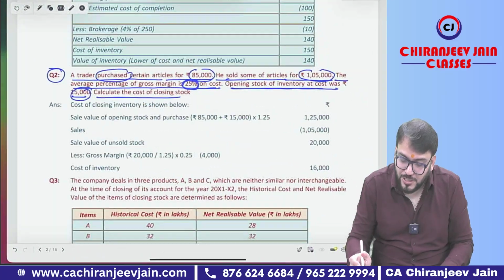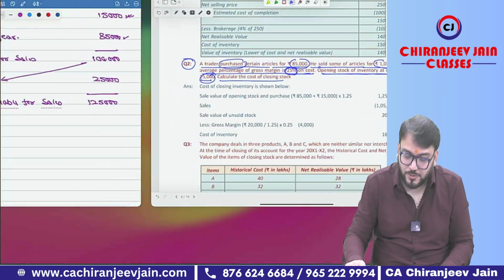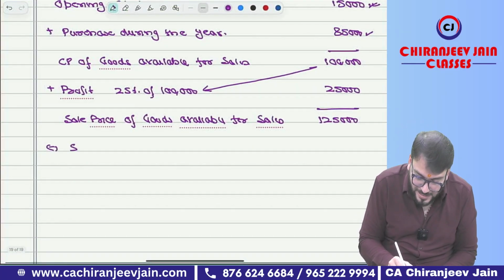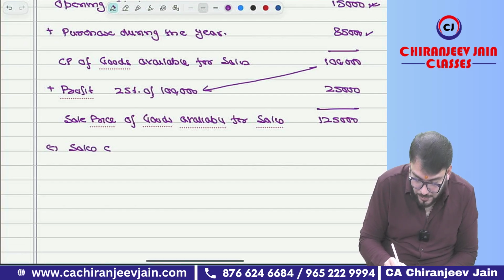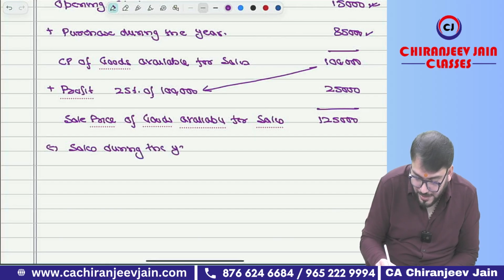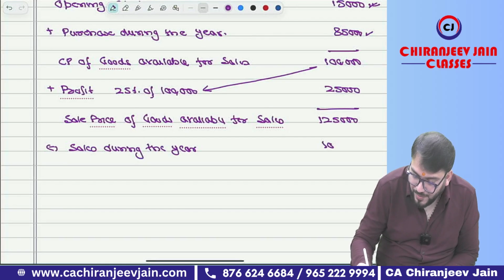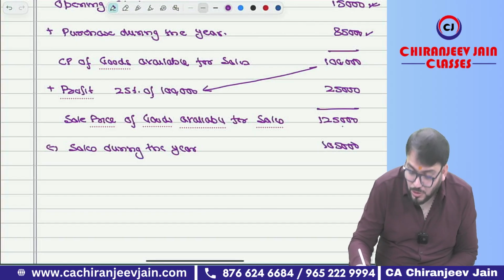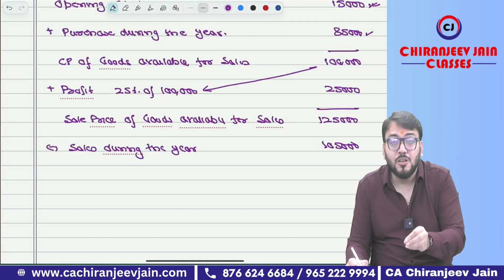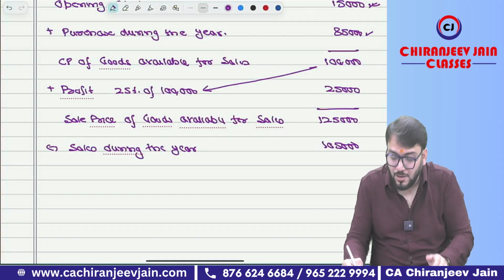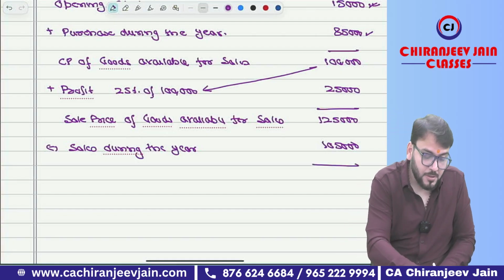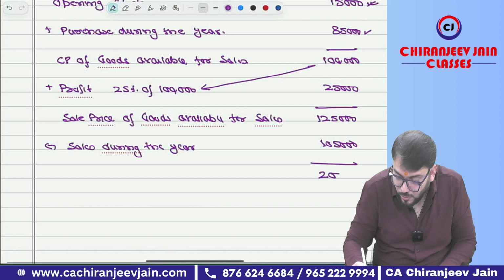They have given that during the year the sale was 1,05,000. Less sales during the year, 1,05,000. Out of 1,25,000, how much have you sold? What is left becomes closing stock. So 1,25,000 minus 1,05,000, 20,000 is the closing stock.